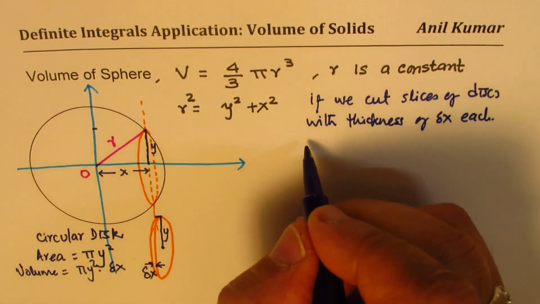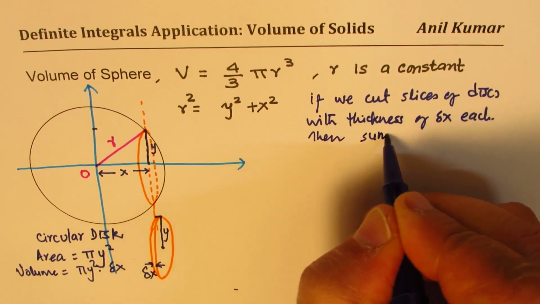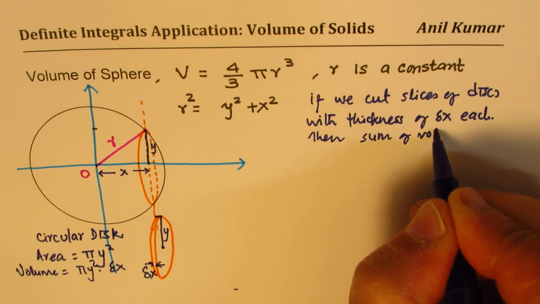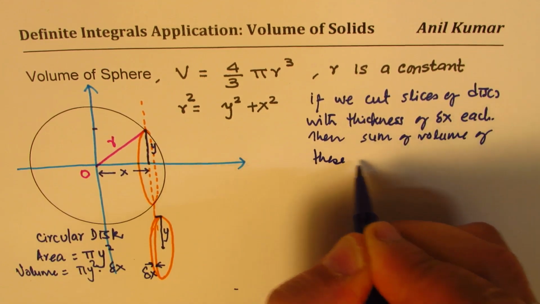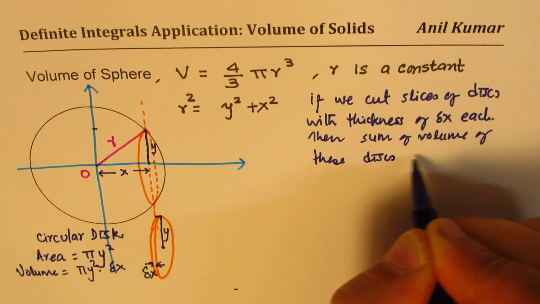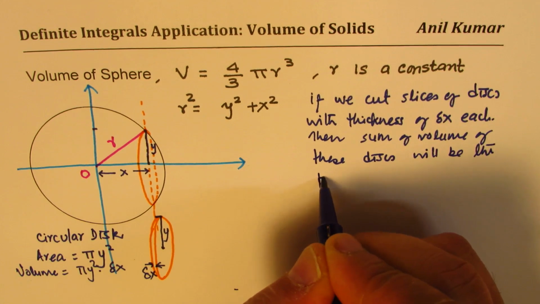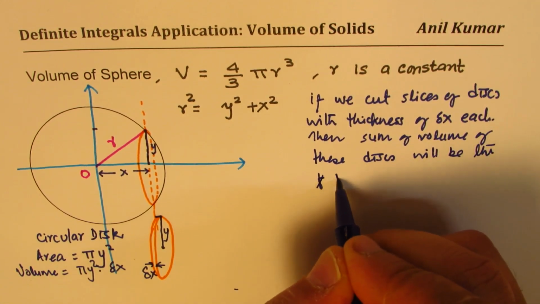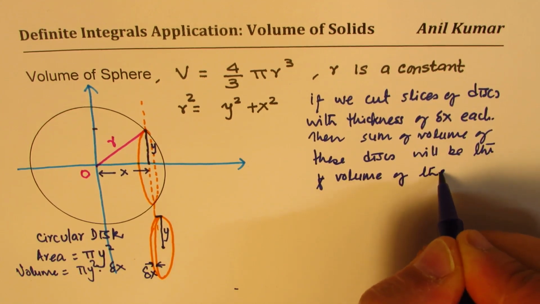Then the sum of volume of these discs will be the volume of the sphere.